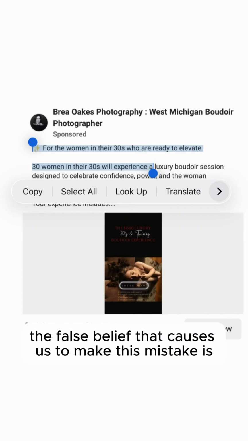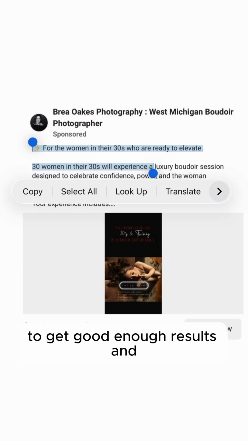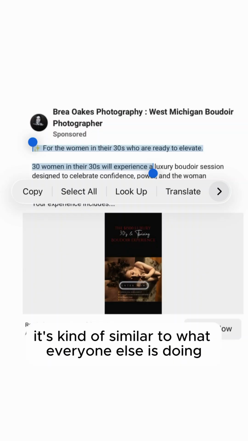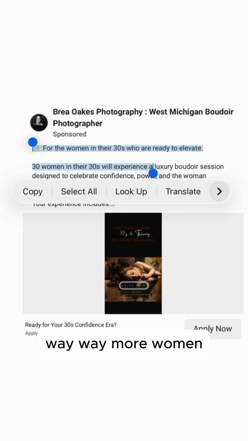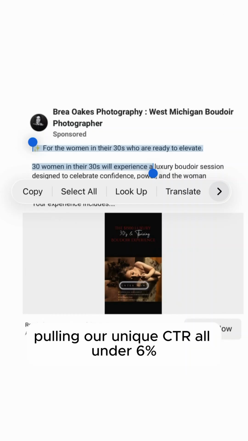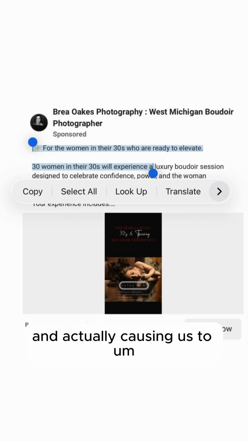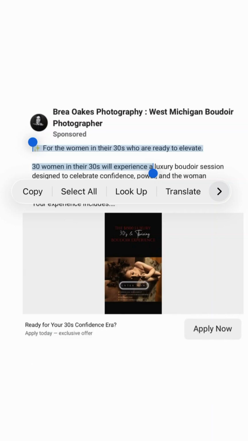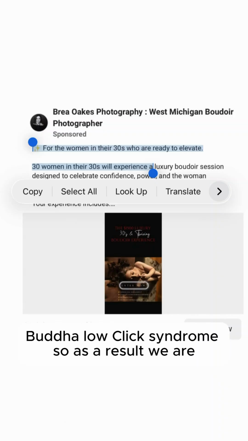The false belief that causes us to make this mistake is we believe we've provided a good enough headline to get good enough results, and it's kind of similar to what everyone else is doing. But the consequence of this is way more women scrolling by our Boudoir Facebook ad than necessary, pulling our unique CTRL under 6%, and causing us a higher probability of having BLCS, boudoir low click syndrome.